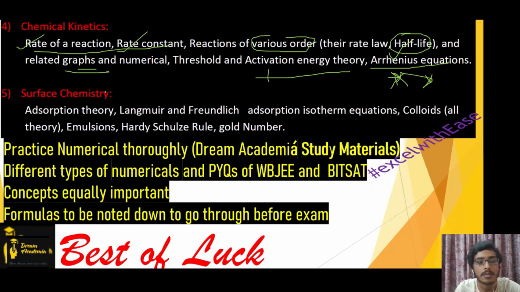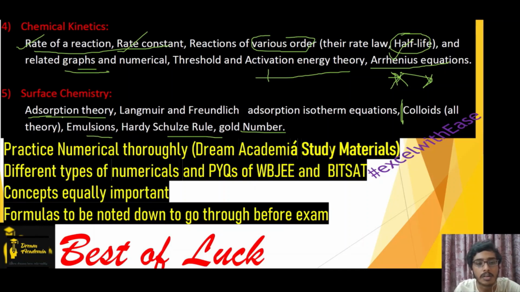Okay, next is surface chemistry, again not very important from the point of view of WBJEE. However, from here this is rather towards a theoretical chapter more than conceptual. However, there are some important concepts like your adsorption theory, Langmuir and Freundlich adsorption isotherm, and the colloids part. Now from colloids you must know the gold number, Hardy-Schulze rule, and emulsions.